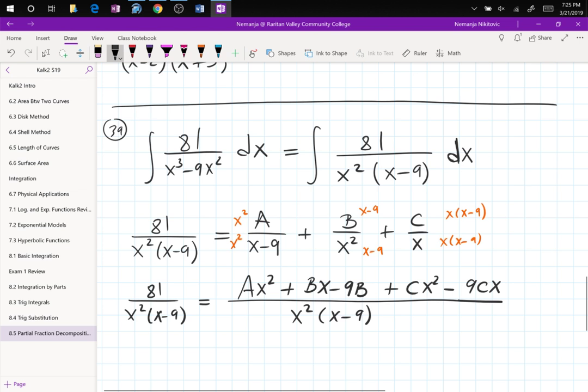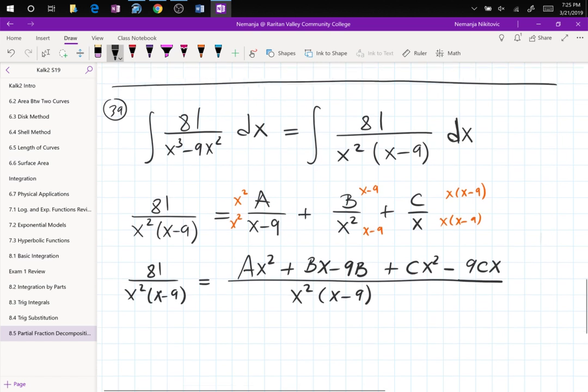Because this is x times x and then x times negative 9, so that multiplies into C, so you have Cx squared and negative 9Cx. Denominators drop because they are the same on both sides, and we only get to compare the top, right?